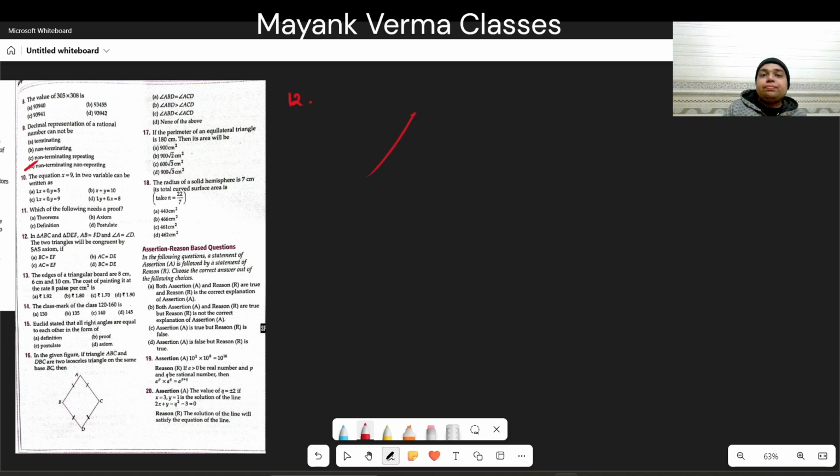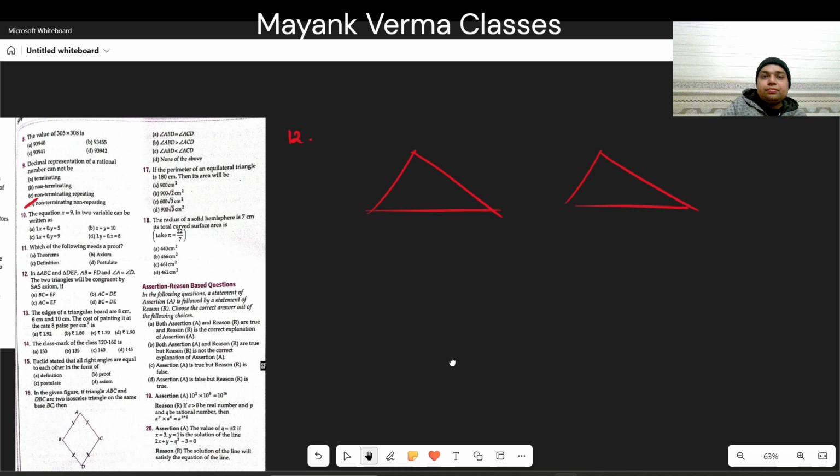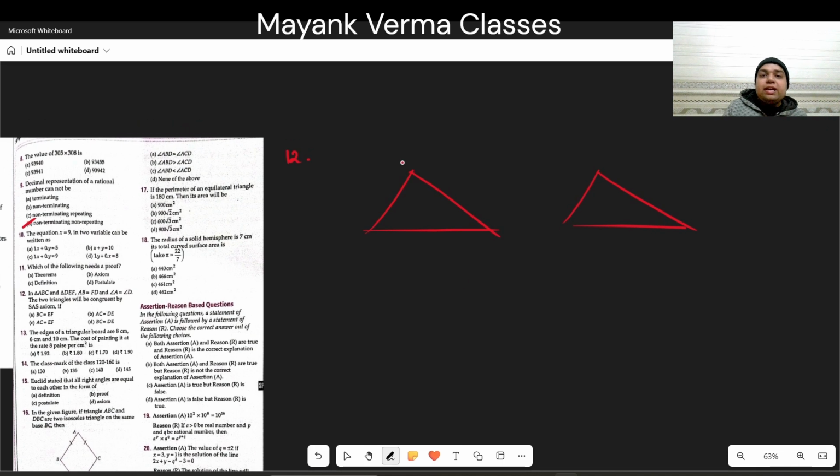So there are two triangles, ABC and DEF. In this AB is equal to FD, this is equal to this, and angle A is given as angle D. So this angle is equal to this.